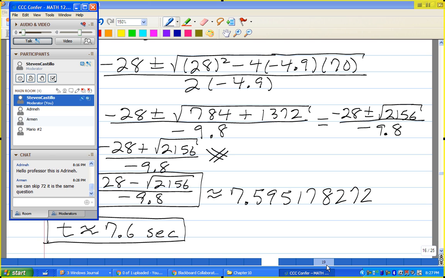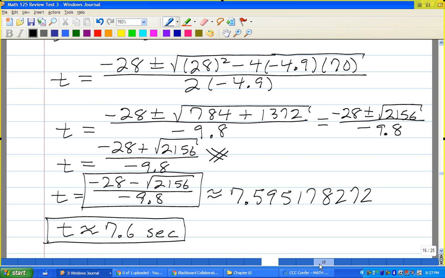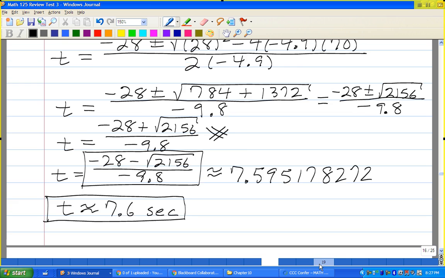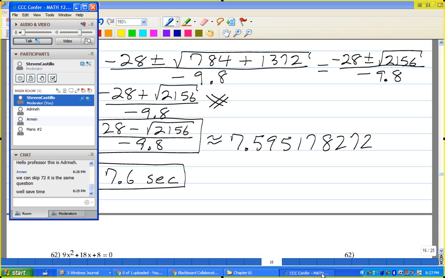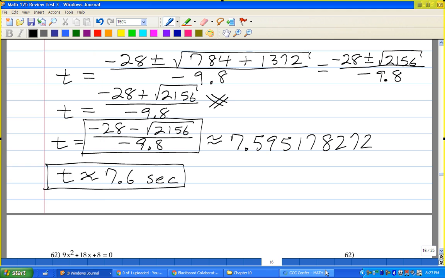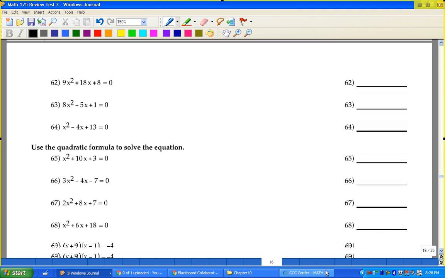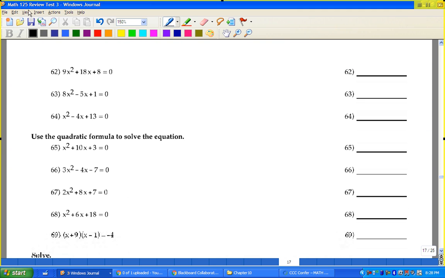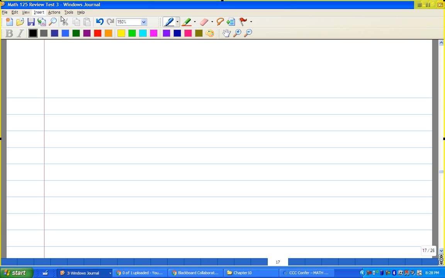Sure. Okay. We can skip. So 72 will be the same. You just plug into your calculator. Yeah. Okay. Let's do problem number 73. So let me do that.